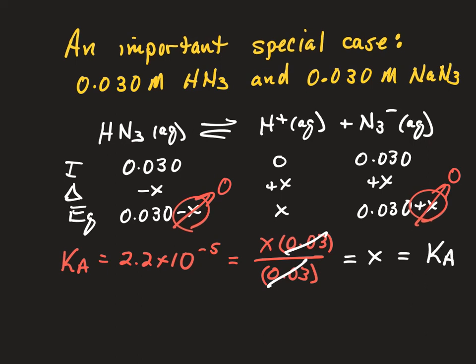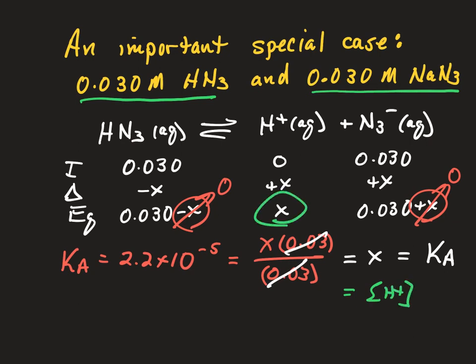So this is why this is an important special case. If the concentration of the acid and its conjugate base salt are the same, then the hydrogen ion concentration, x was the final hydrogen ion concentration, is the Ka.